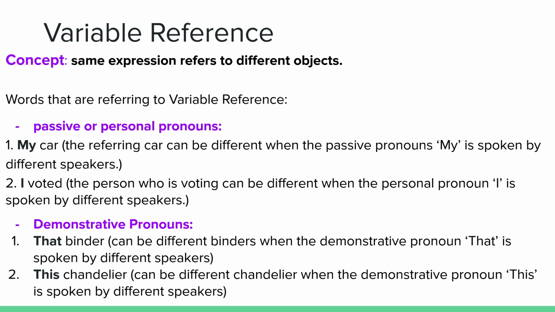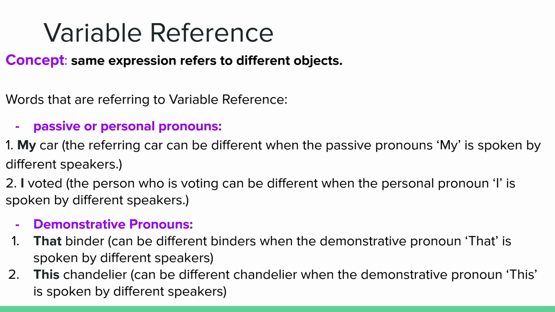In the group of demonstrative pronouns, the phrase "that bender" has variable reference, because one person can point to different benders, or different people can point to different benders.